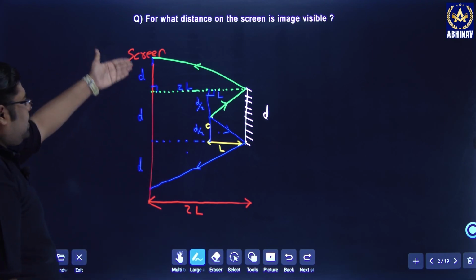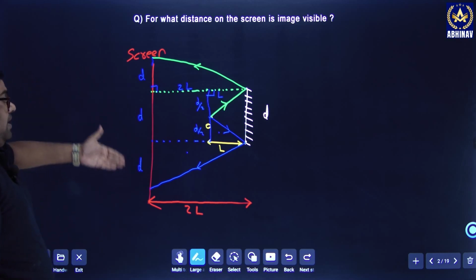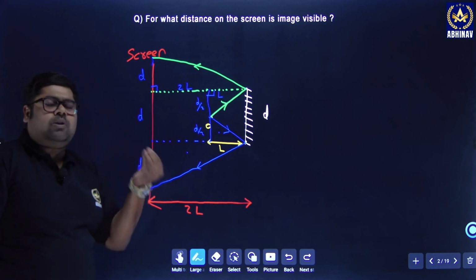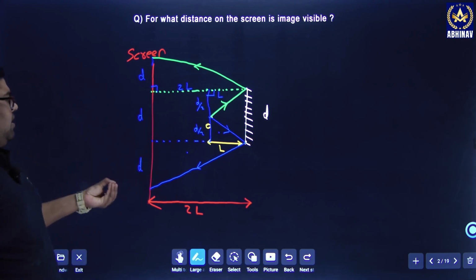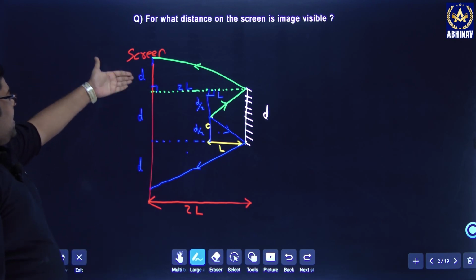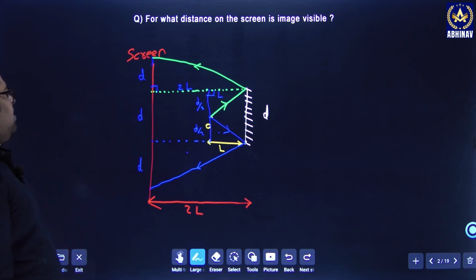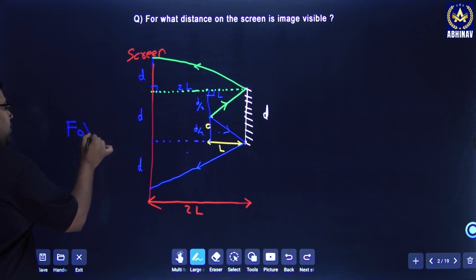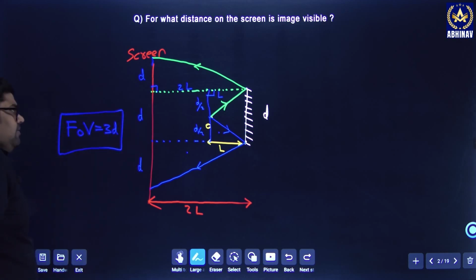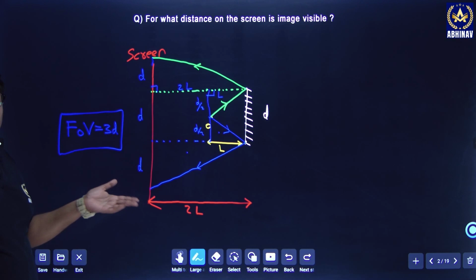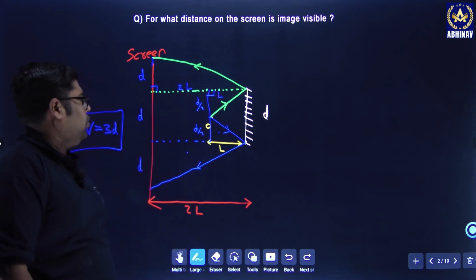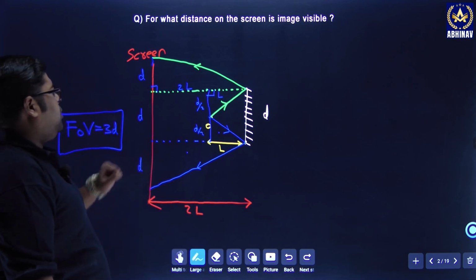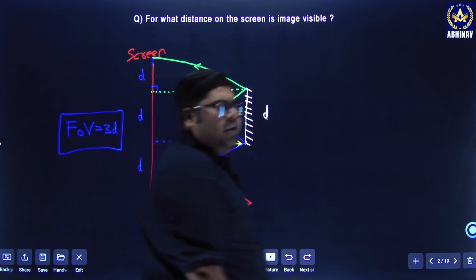So this region is our field of view. It means that the image will be visible to us on the screen up to a distance of d plus d plus d. Hence the field of view for it will be 3 times d. That is our final answer. It's more of a geometric part. I hope you understand this. Field of view.